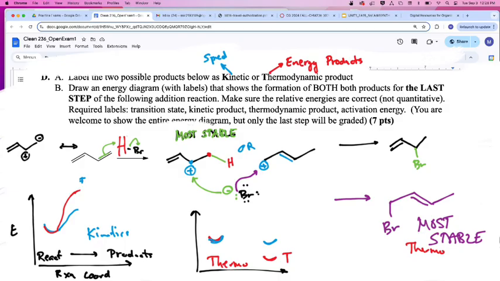What would make the green one my kinetic product? It's lesser activation energy when we're looking at going from the intermediate to the product. So you're looking at very different stages of the life cycle of your chemical reaction. Kind of, sort of?